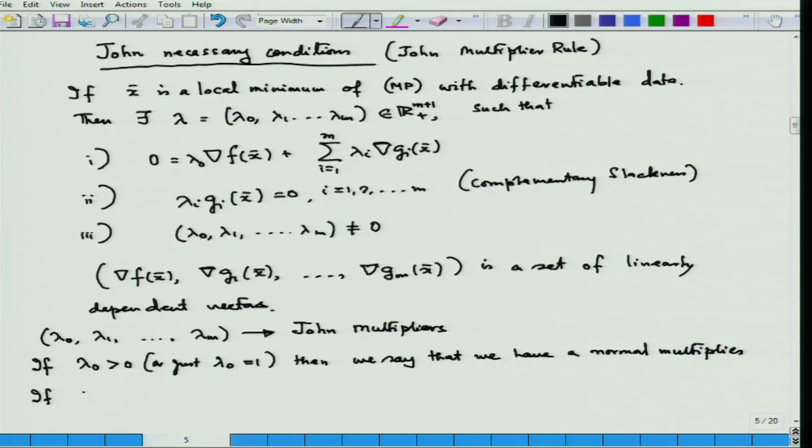If lambda naught is equal to 0, we say that the multipliers are abnormal.